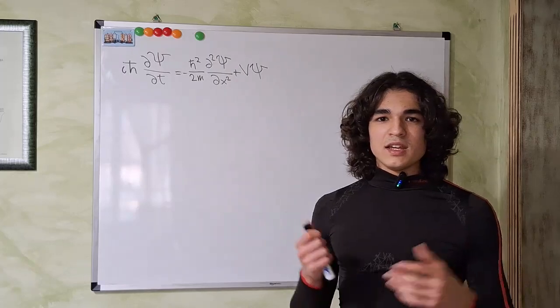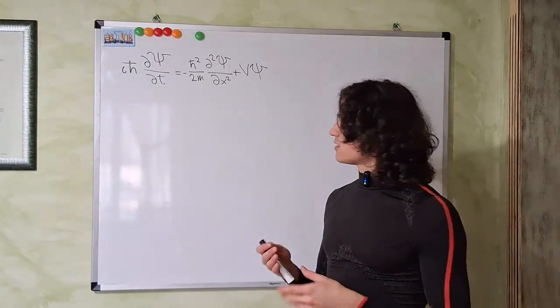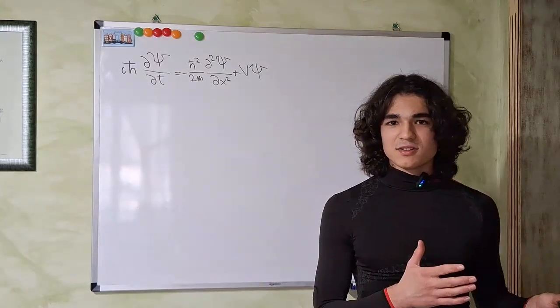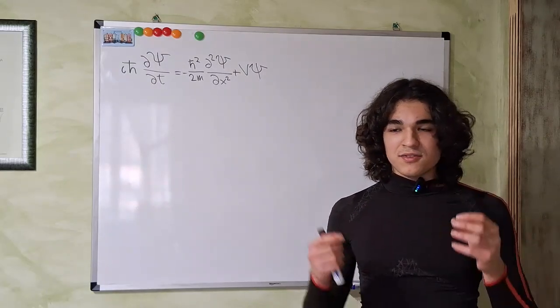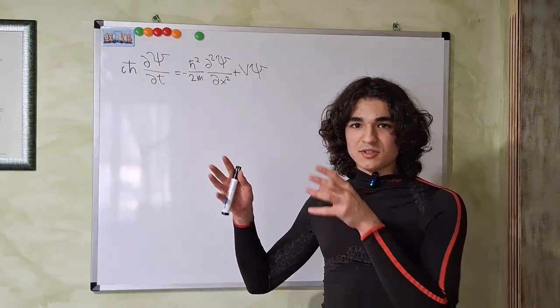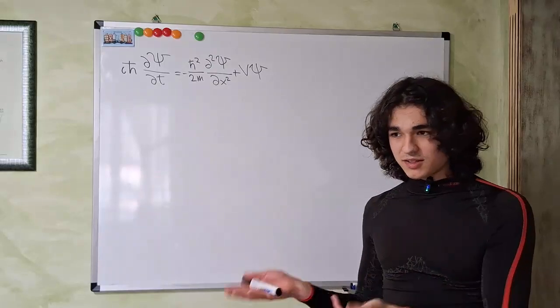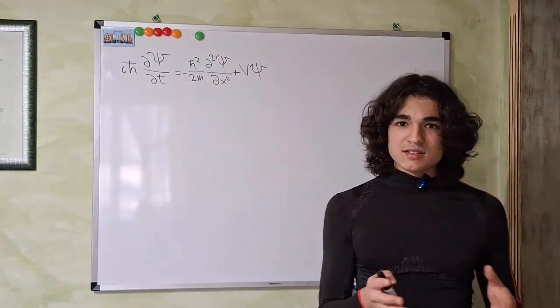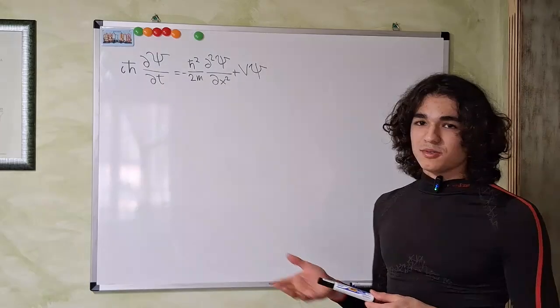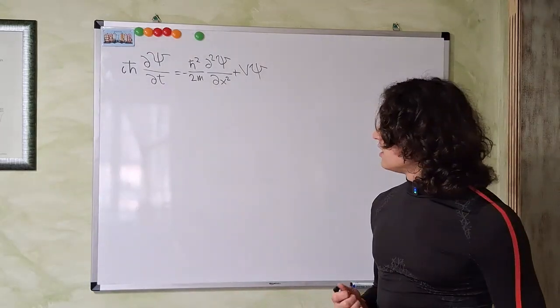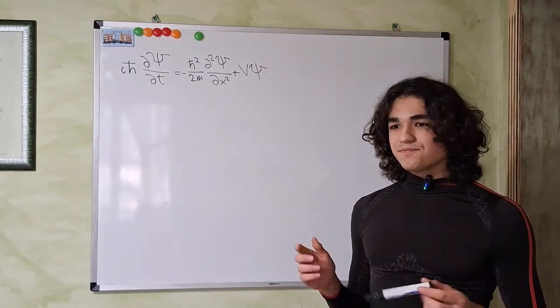And they proposed that maybe matter particles also behave like waves. If light, in terms of waves of electric and magnetic fields, behaves as particles, probably matter particles also behave like waves.